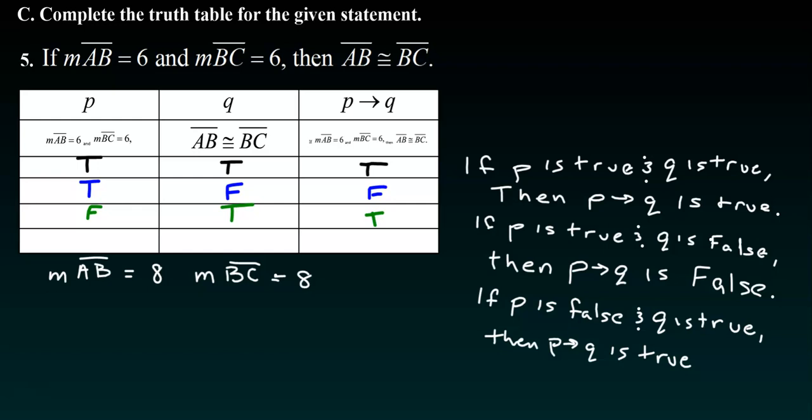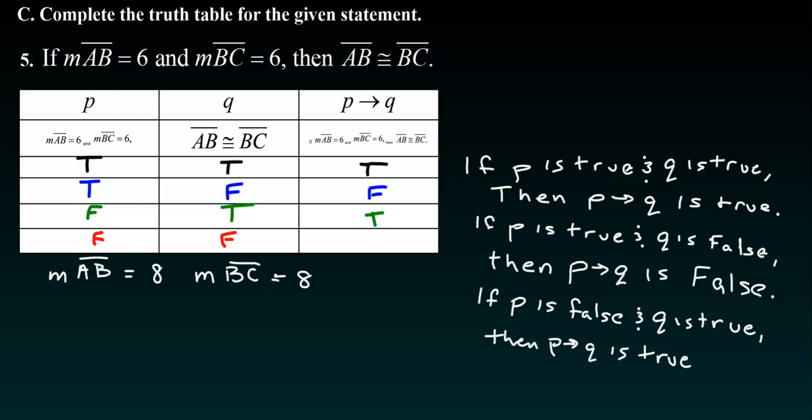So our last statement is we're again going to say that the first statement is false, and now we're going to say that the second statement is false, and we're going to try to see if we can still have a true statement.